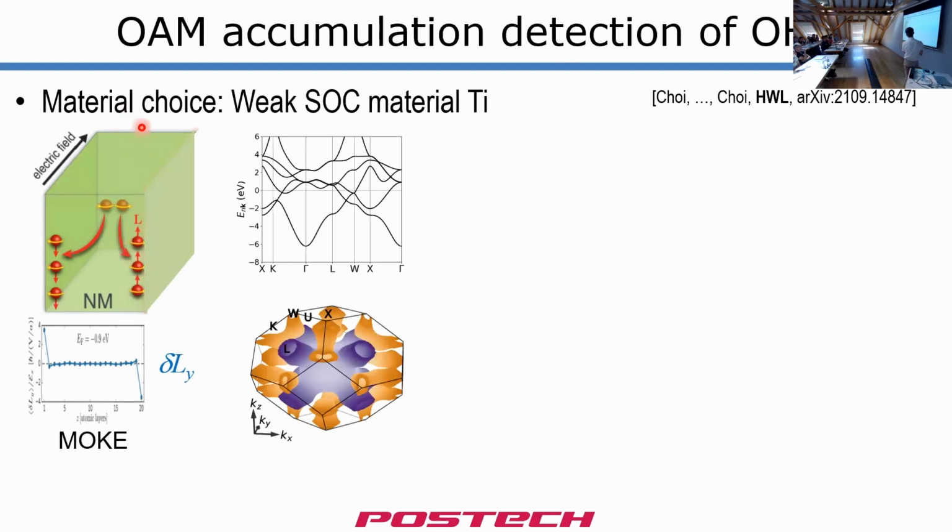And so probably we need to discuss what is a good material for this study. We chose titanium, since it has very stable properties. This is our band structure calculation, and this is the Fermi surface structure. Basically there are two Fermi surfaces. Even though they look very complicated, actually there are only two Fermi surfaces.